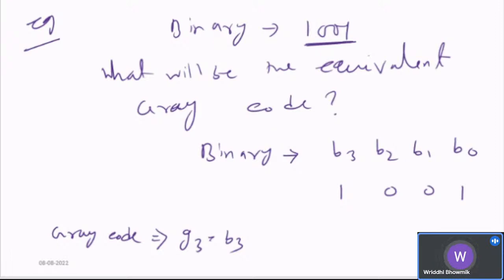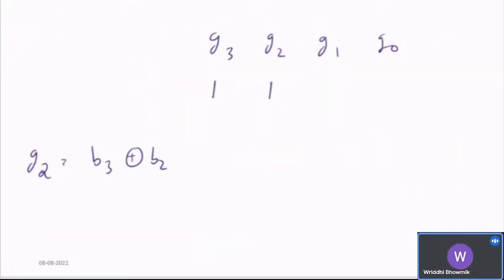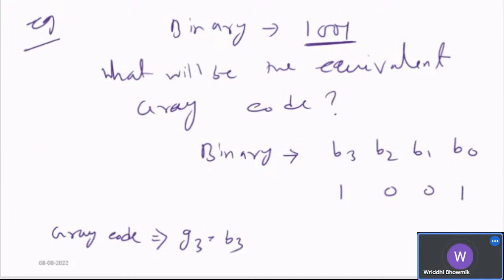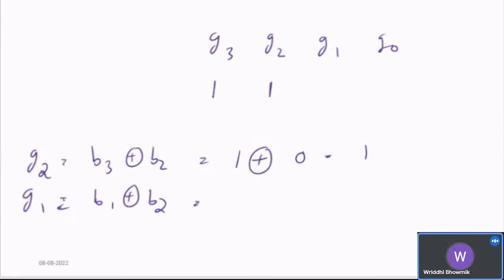So 1 exclusive or 0 gives you 1. Then G1. What is G1? B1 exclusive or B2. B1 is 0 and B2 is also 0. So 0 exclusive or 0 means 0.